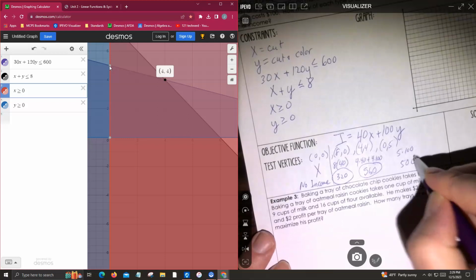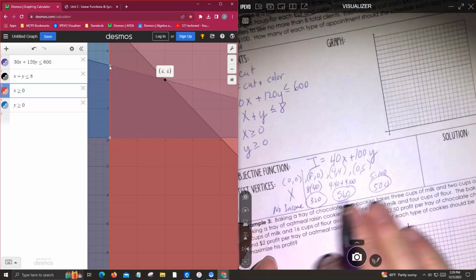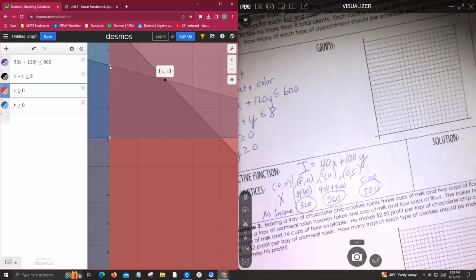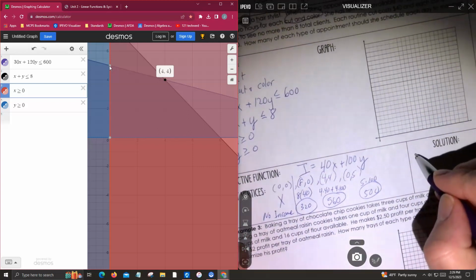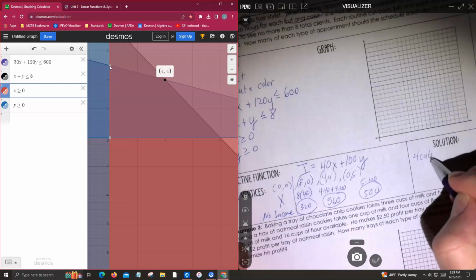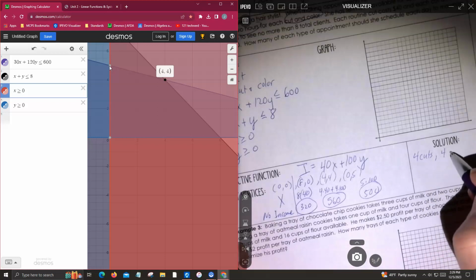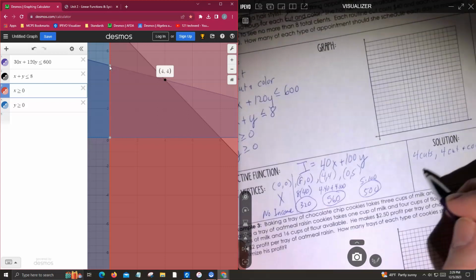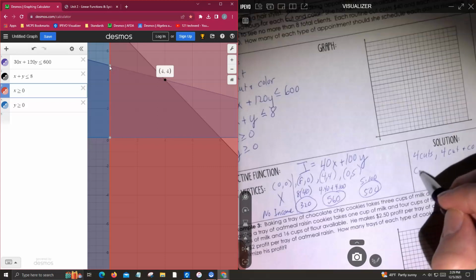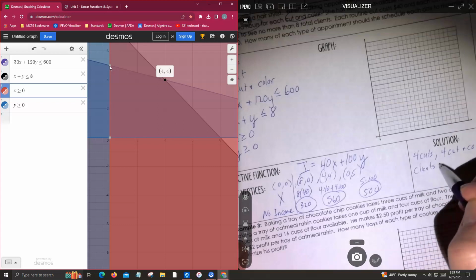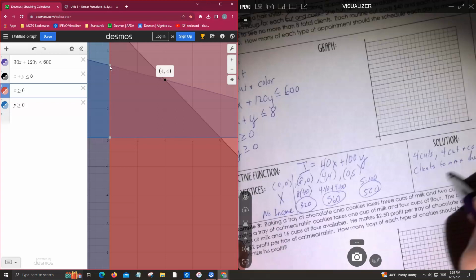That's 500. So according to this, she has to do basically 4 cuts and 4 cut and colors. I'm just going to put clients down there to max her income.